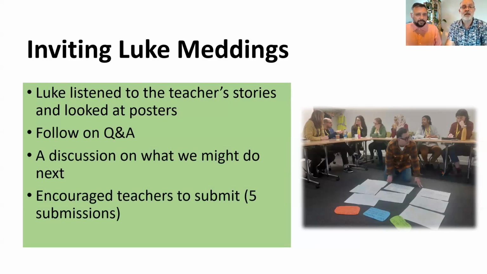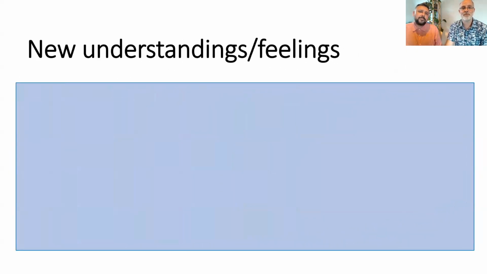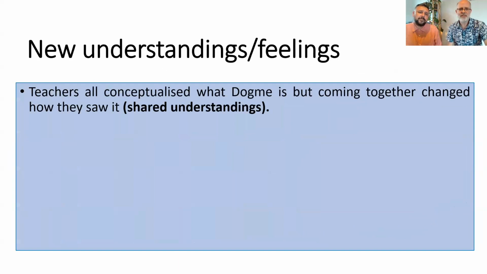These sound great. And actually we got 5 submissions. So it's gone from this staff announcement to 5 teachers submitting something to a book. That's not the goal we set out with, but that's a successful number, and it's lovely to see that the teachers got so far into this process. But here are the sorts of new understandings that came from it.